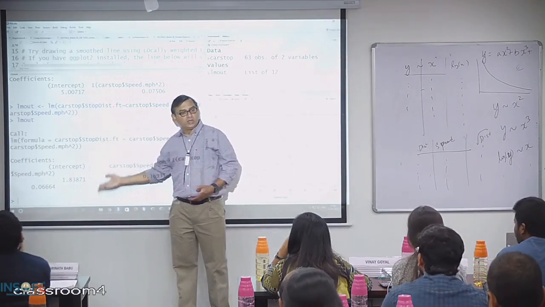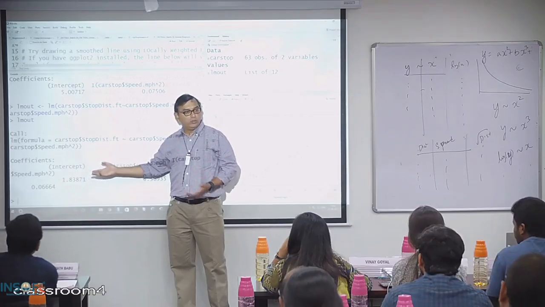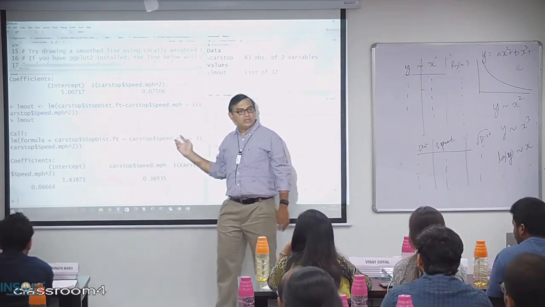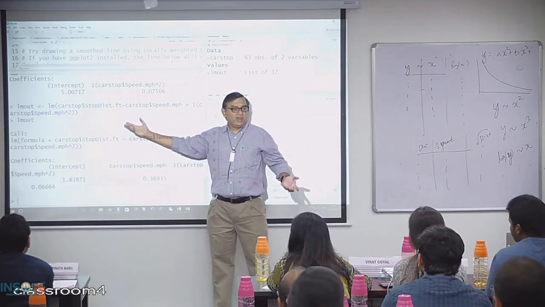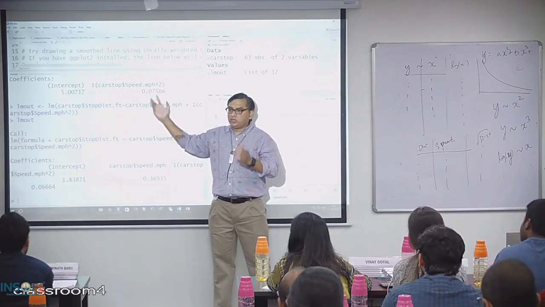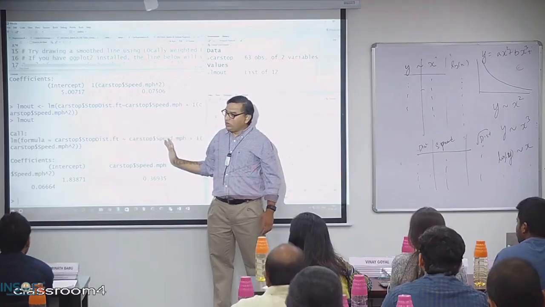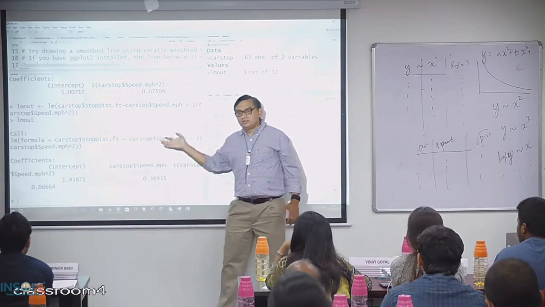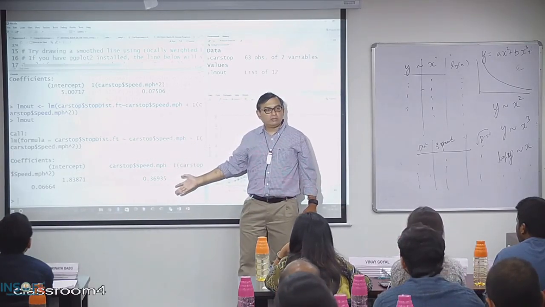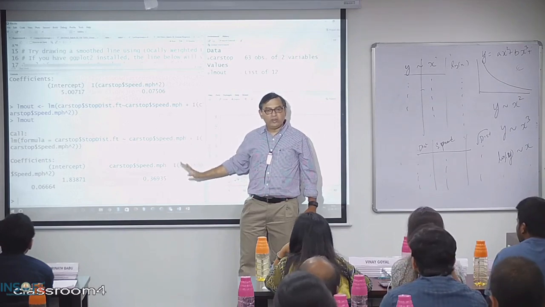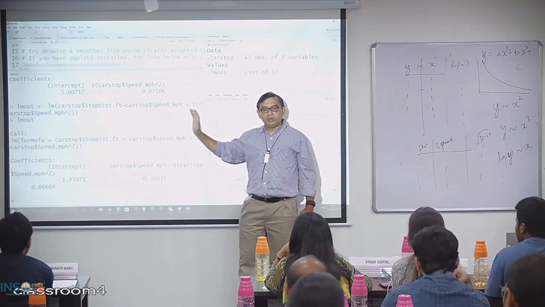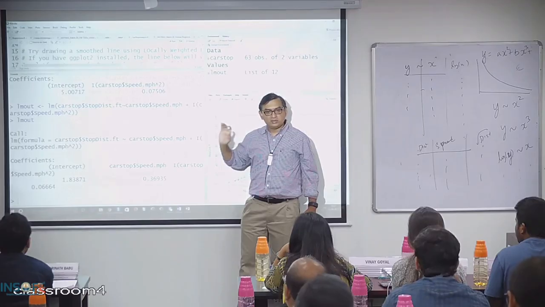X1 and x2, and it considers that as a multiple linear regression problem and solves it. So this additional term, I can add a log term or exponential term or hyperbolic tangent term. It doesn't matter what type of nonlinearity I'm going to add. It will still be able to solve it in the linear framework. It does it as a multiple linear regression analysis. That's what it does.